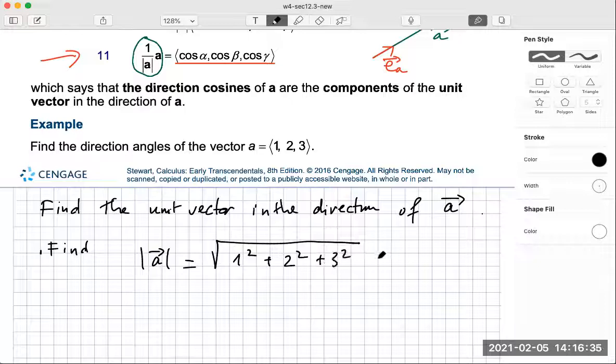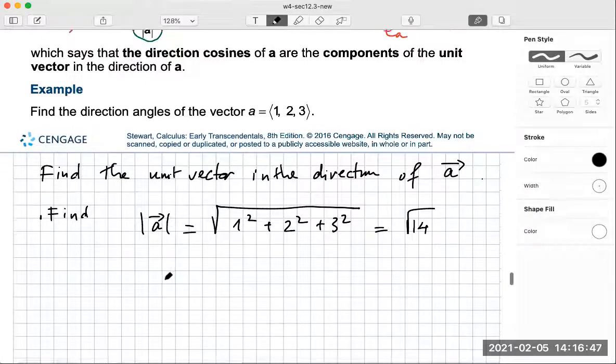Yes, thank you. Look, we have 1 plus 4 plus 9, which is 14. Very good.